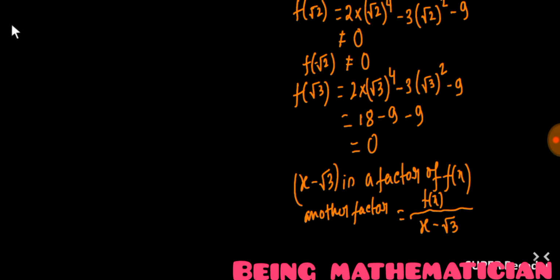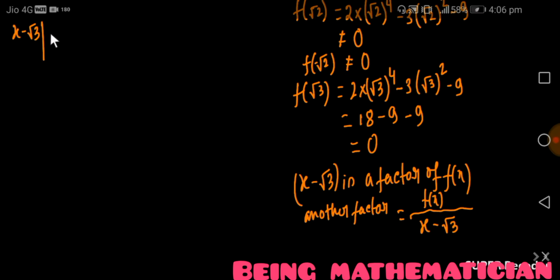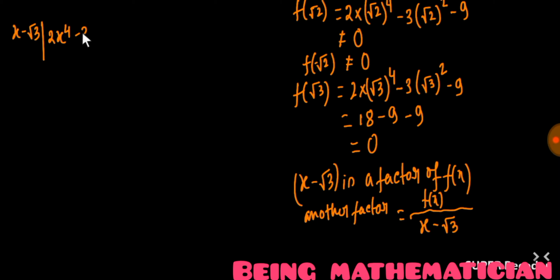So x minus root 3 divides 2x to the power 4 minus 3x square minus 9.